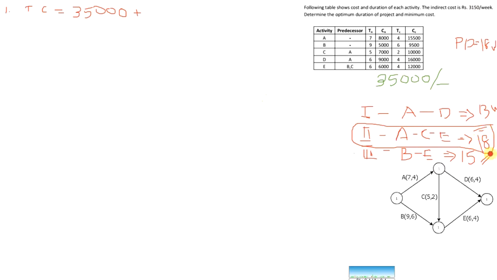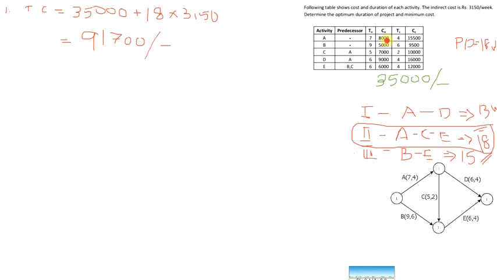So how many weeks are there? 18 weeks. So the total cost will be 35,000 plus 18 into 3150, equal to 91,700 rupees. 91,700 rupees will be the total cost.